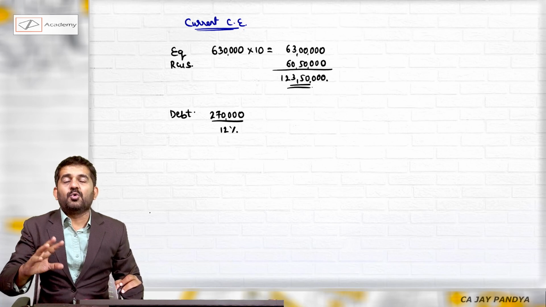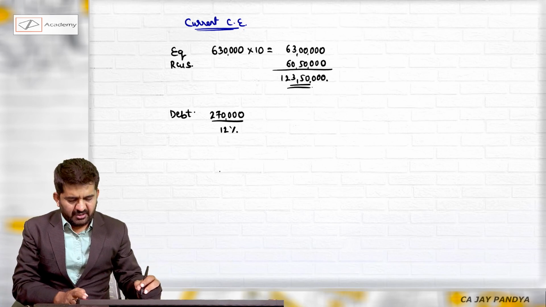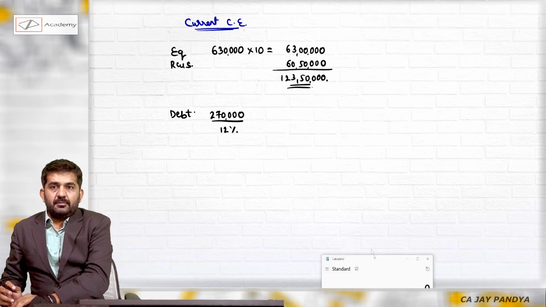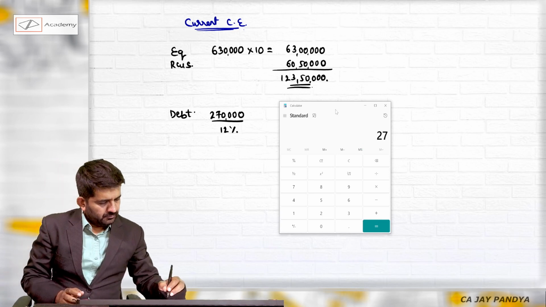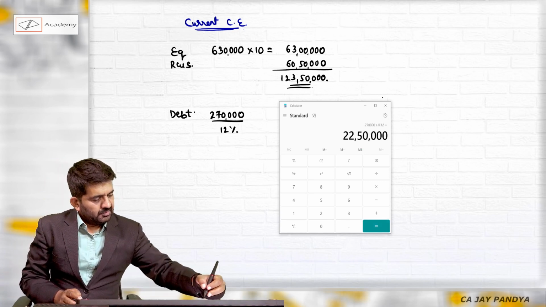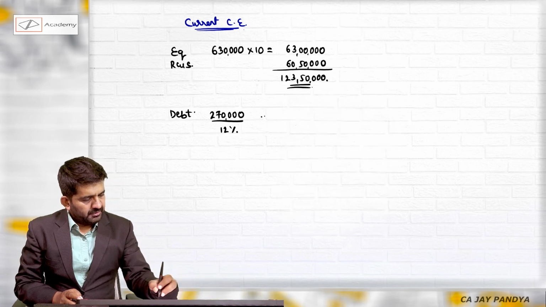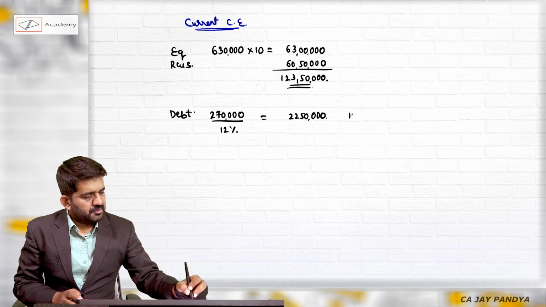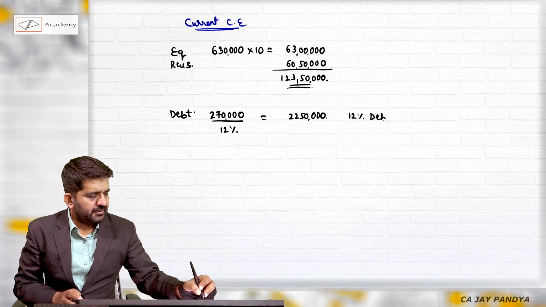Then what is the total amount of debt? 2,70,000 divided by 12% will be 22,50,000, which is your 12% debt.